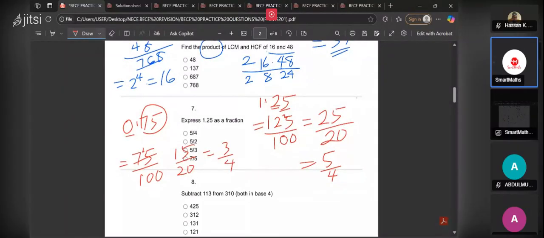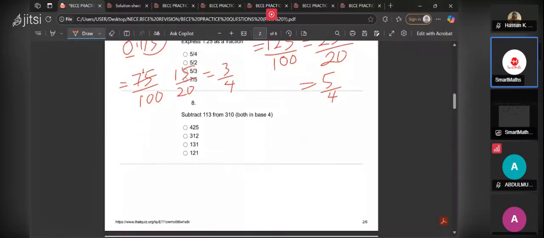So question 8. You have to subtract 113 from 310, both in base 4. The two numbers are in base 4. We have to subtract. You see this example here, we can use it for any base. The bigger number here is 310, then 113.